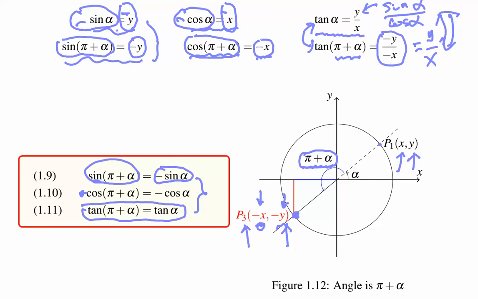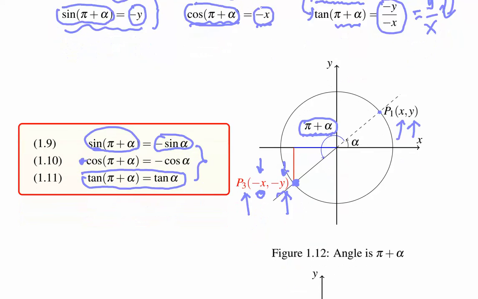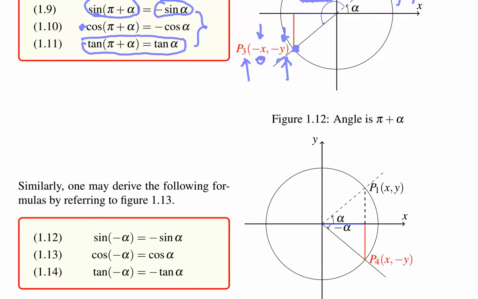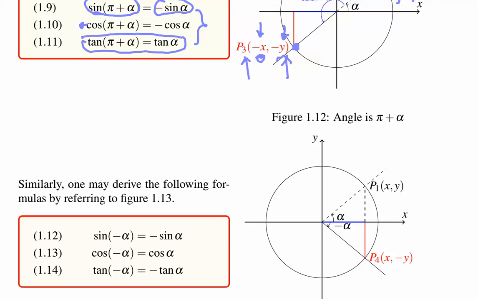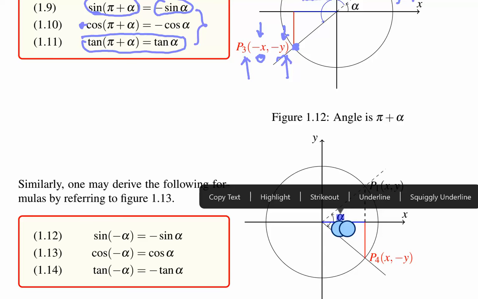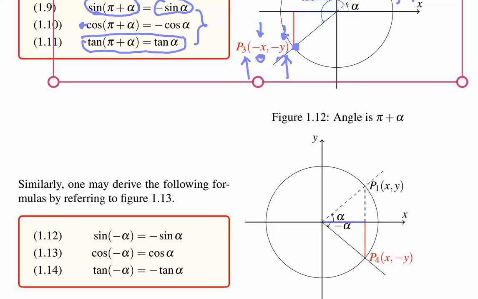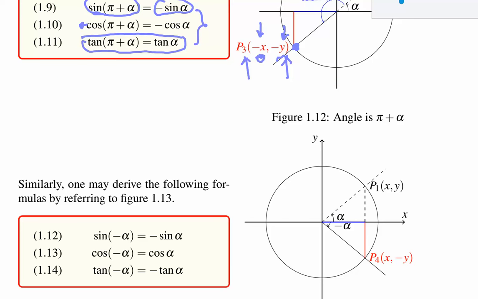Now, let's look at this one. Consider two different angles. One is alpha, another is negative alpha.